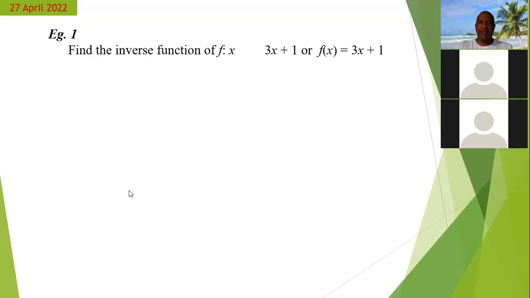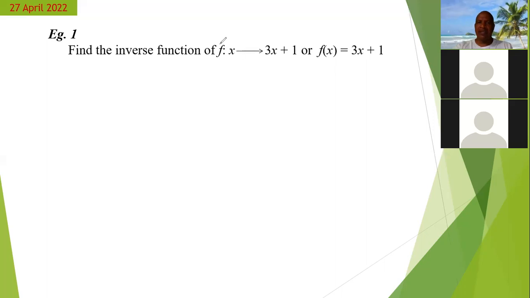All right. Now here we look at this question, and this question was asking you to find the inverse. Now remember, we say that for functions, we write them in two different ways. So you can write it f with the colon, x maps onto 3x plus 1.